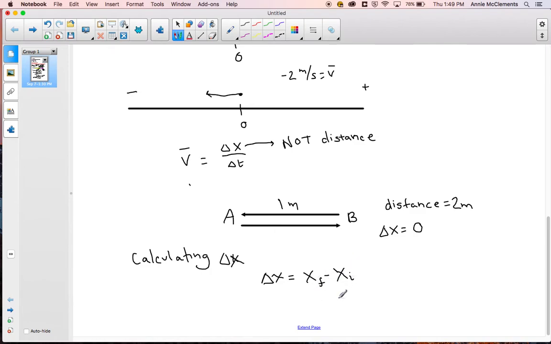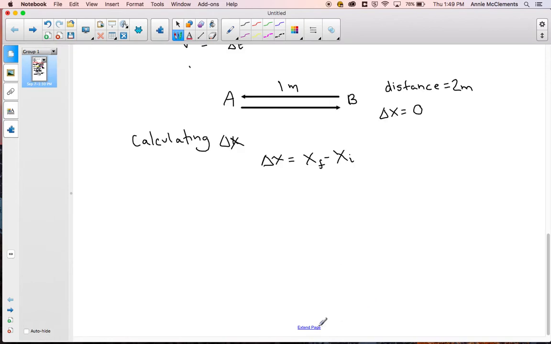So if you start on our number line, you start at positive 3. There's positive 3. We'll throw the origin in there just for kicks.